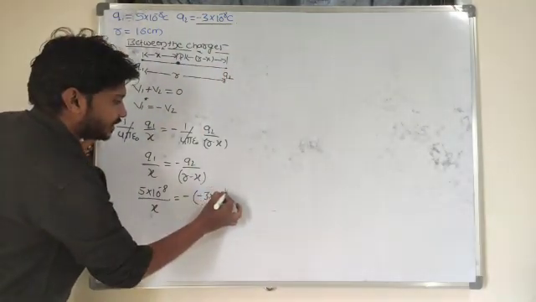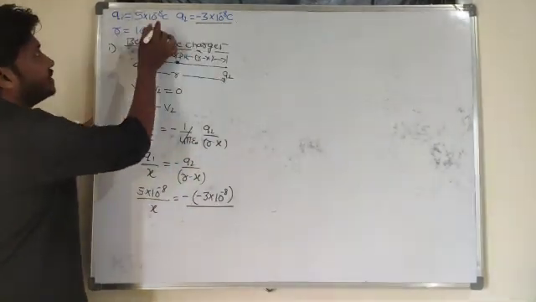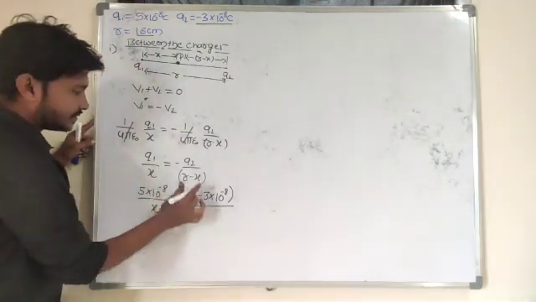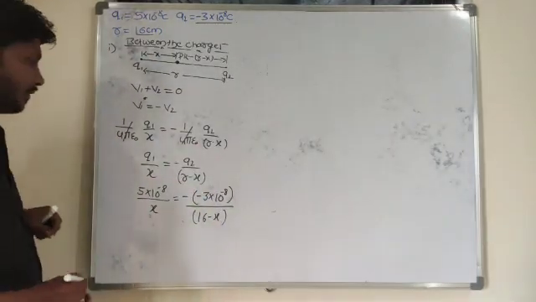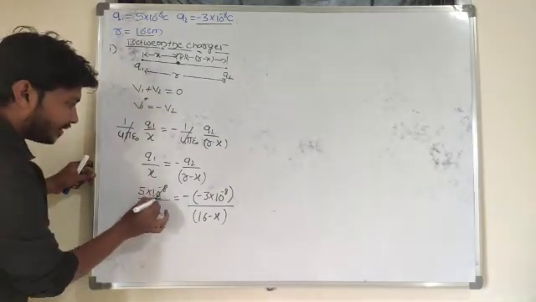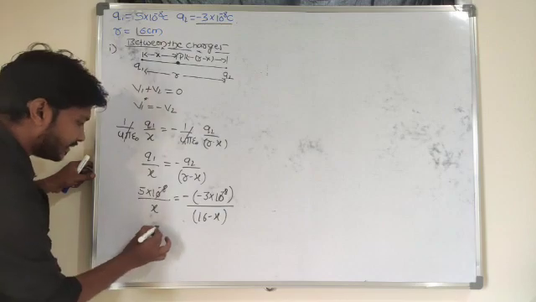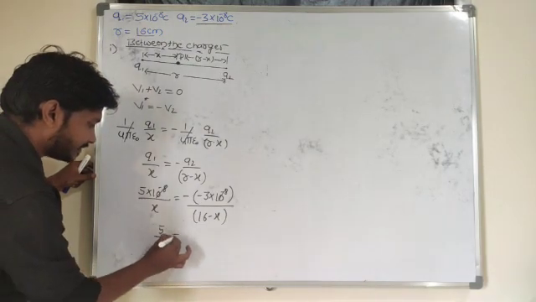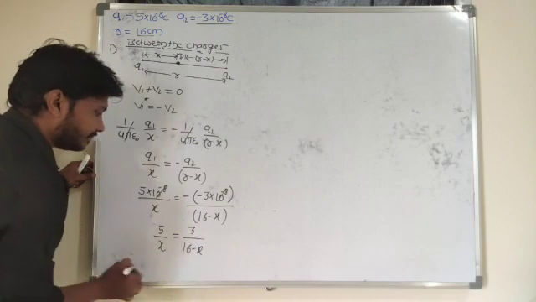So minus 3 into 10 to the power of minus 8 divided by r minus x, where r value is 16. The 10 to the power of minus 8 terms get cancelled out, and minus into minus is plus. 5 by x is equal to 3 divided by 16 minus x.